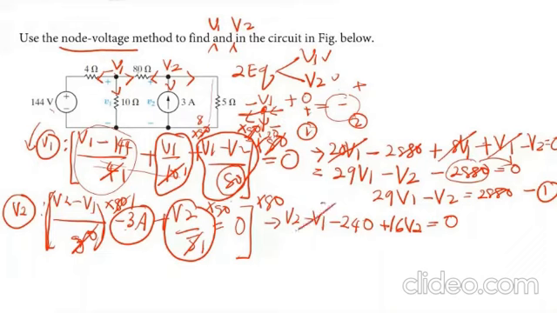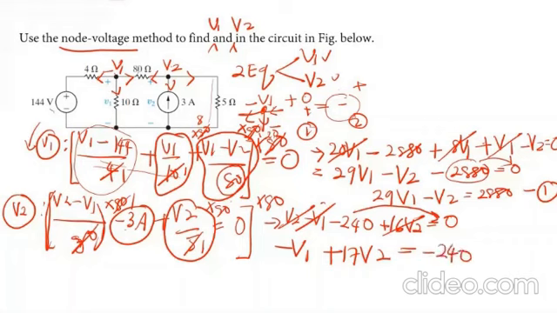First just eliminate this negative V1 to rearrange, and then you have plus 17 V2 equal to, just bring this here, negative 240. Okay, so you will have this equation.